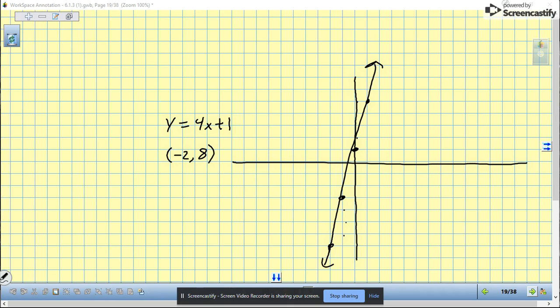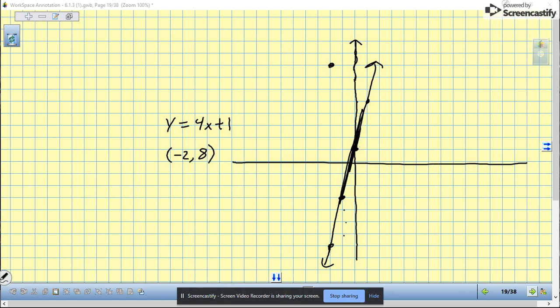And then negative 2, 1, 2, 3, 4, 6, 7, 8. All right, so there we go. Like I said, I did not draw that through the 1 very well. Sorry about that, bear with me.